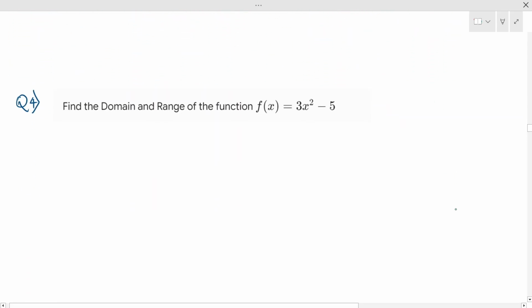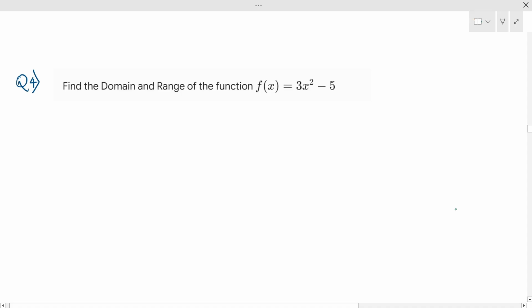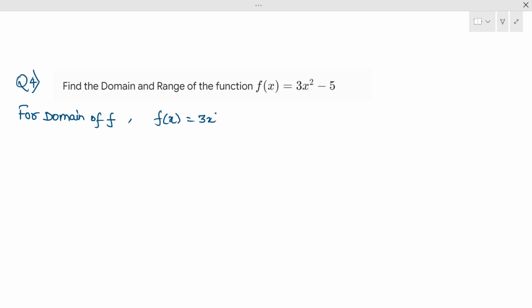Alright. Next question. Find the domain and range of this function f(x) equals 3x square minus 5. Now for the domain, think: what are the possible inputs for the domain of f? So f(x) is equal to 3x square minus 5.